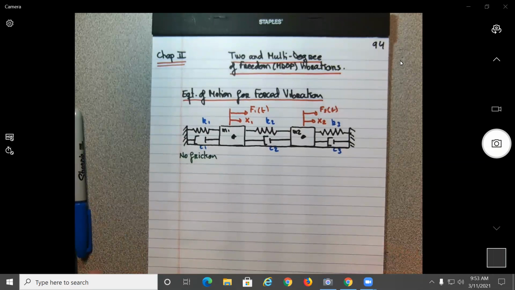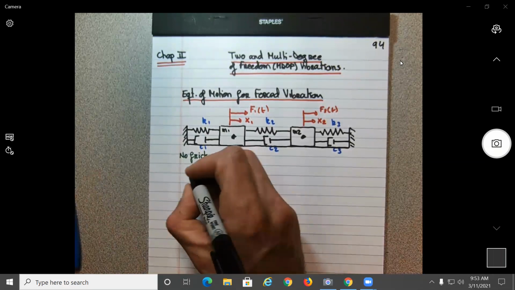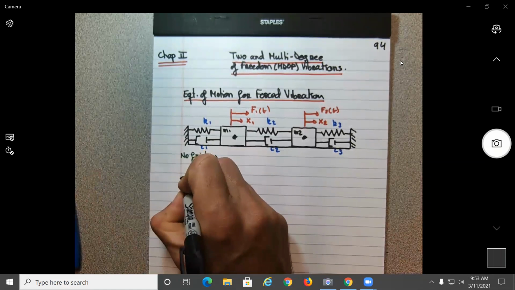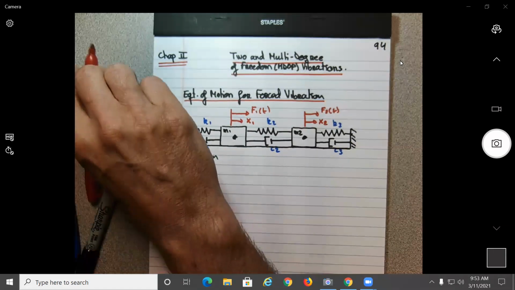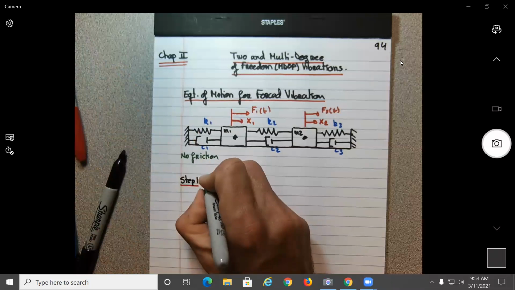Okay, but again, the procedure, everything remains the same as we did before, okay? So first step is always to do a free body diagram or figure. So let's do the figure over here. So we need to do the one for the 2 blocks. So again, step 1 is always some type of figure or sketch.